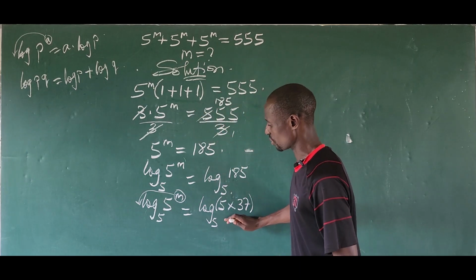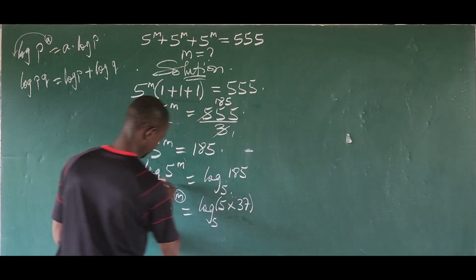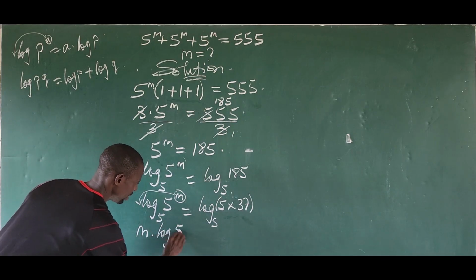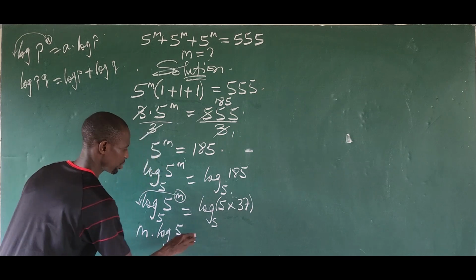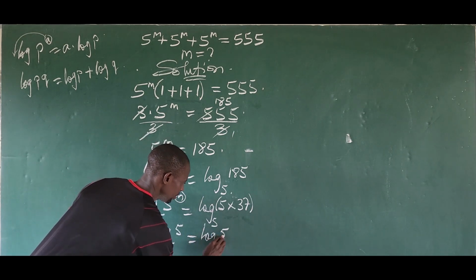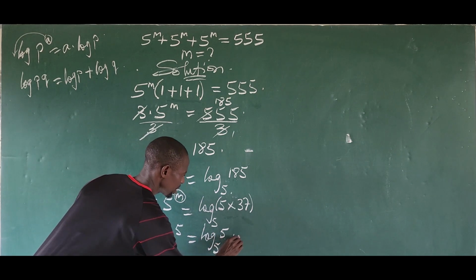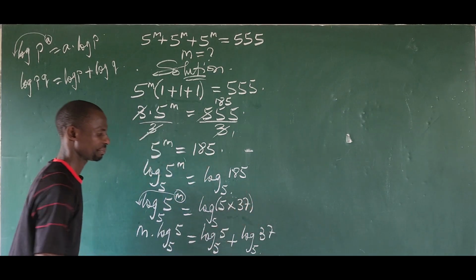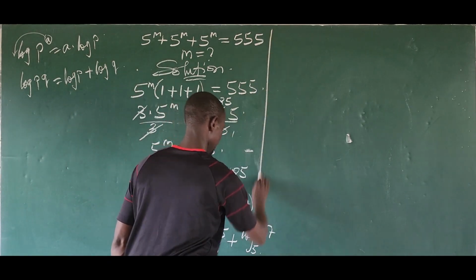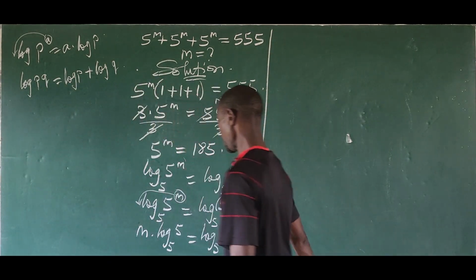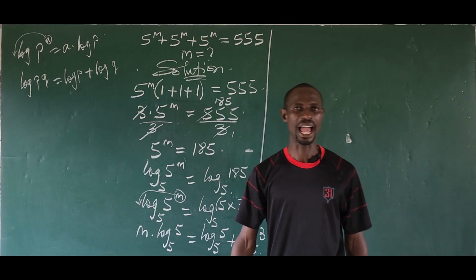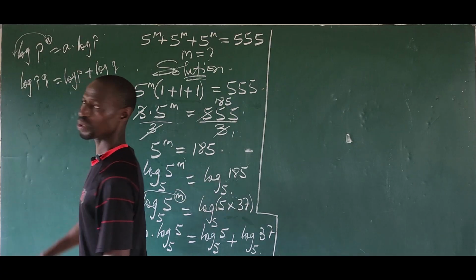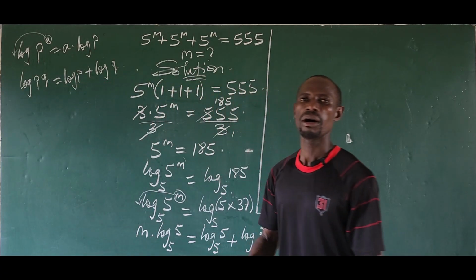So we can rewrite this. That's what it implies. If we do this, this is going to give us m times log 5, base 5. This is equal to log 5, base 5, plus log 37 base 5. Easy. Okay, so let's go ahead again. Now look at this. We're having log 5 base 5 here. So what does that mean? We consider the law called the same base law of logarithm.